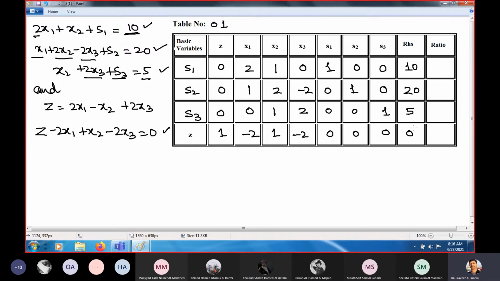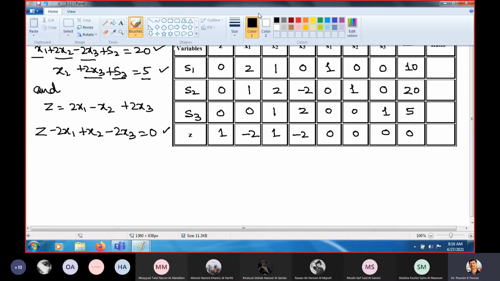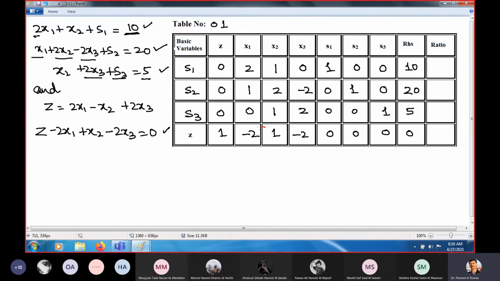Now, in table number 1, we need to apply the process. The process is, look at these 6 variables. Is there any negative? Yes, there are 2 negatives, this one and this one.